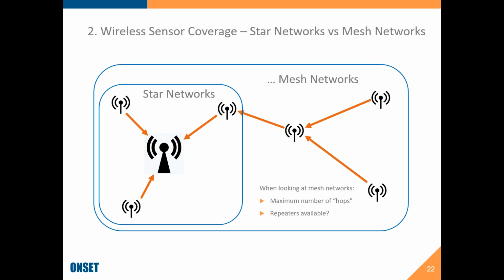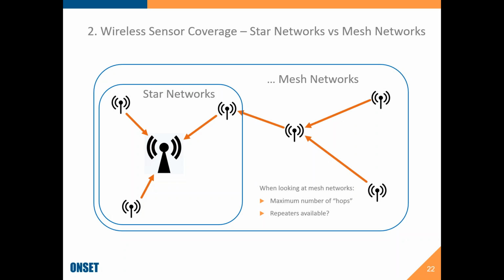And in here, I saw a question come in about booster stations. Typically, what you do is you have repeater stations that can be added in here. So in a true mesh network, the sensors can act as repeaters, and you can have standalone repeaters which don't have any sensors, which can be added.